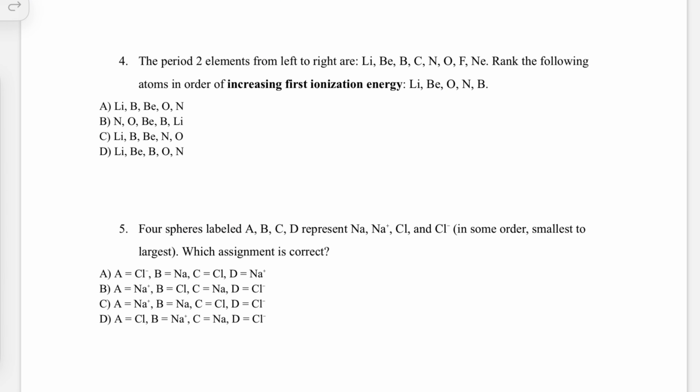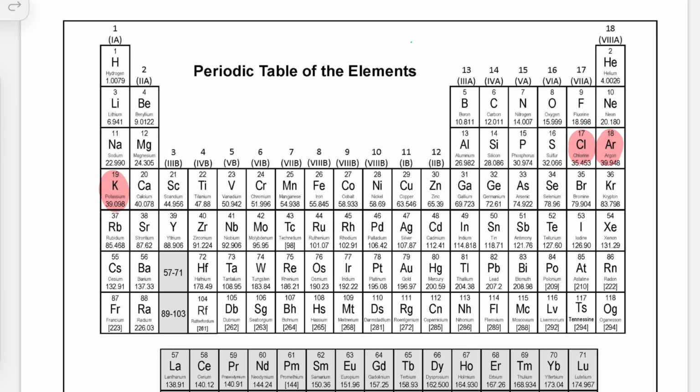Next, the period 2 elements from left to right are this. Rank the following atoms in order of increasing first ionization energy. So once again, I'm going to highlight which ones we're working with. So we have lithium, beryllium, boron, oxygen, and nitrogen.